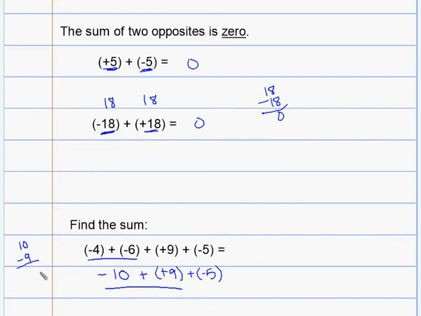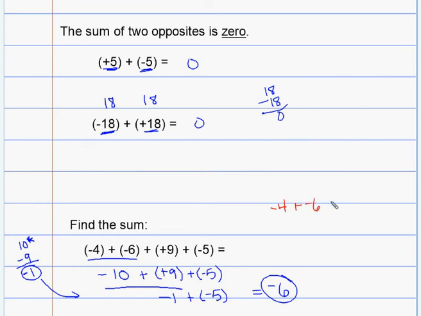I need to subtract them. I get 1, and I keep the sign of whatever this one was. The 10 was negative, so my answer is negative 1. So negative 1 plus a negative 5. There again, I have the same sign, so I'm going to add 1 plus 5 and keep the sign, giving me negative 6.